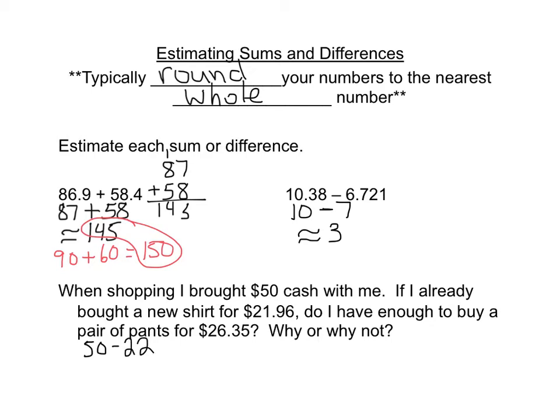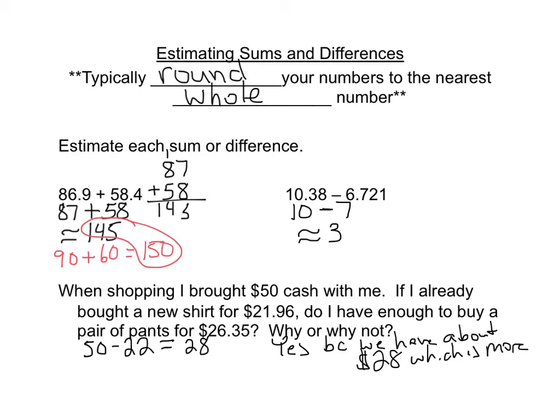So 50 minus 22 would be 28. So we would say yes, because we have about $28 left, which is more than the 26 needed. That's one way you could look at it.